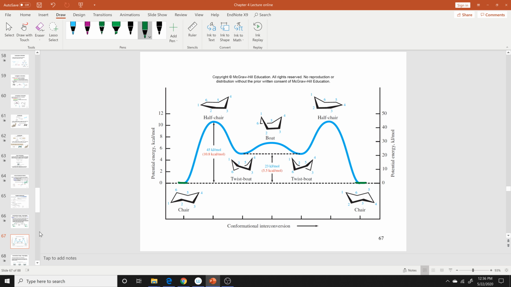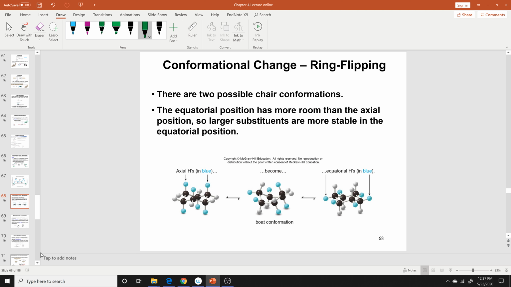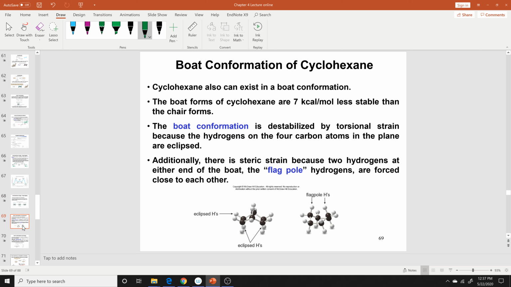Now, by flipping, you pass through half chair, twist boat, and then twist boat again, and then half chair, and then the second chair conformation. So normally we don't show any of those. We just show the flipping from one chair conformation to the other.